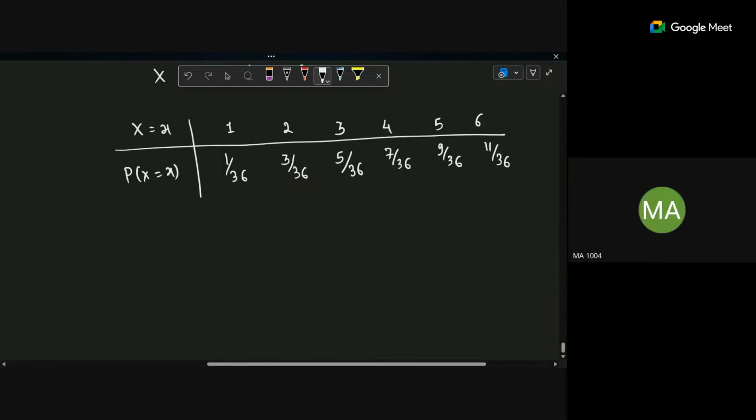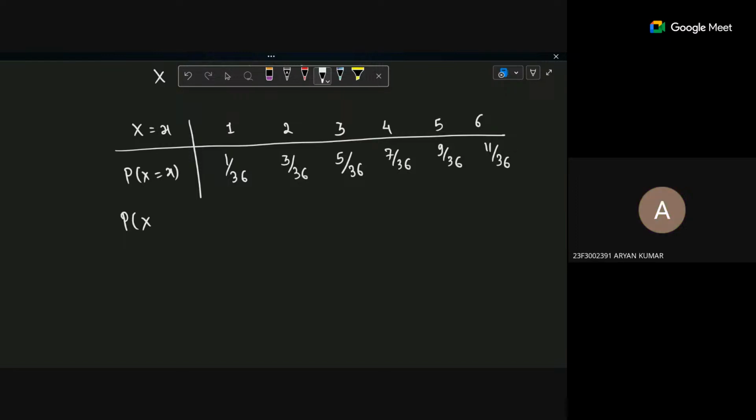Okay. So how to go for the CDF then? CDF of X is nothing but the probability that X is less than or equal to small x. While calculating the CDF, you have to add all the previous probabilities to the corresponding one, right? So the probability that X is less or equal to 1 will be 1 by 36 itself.